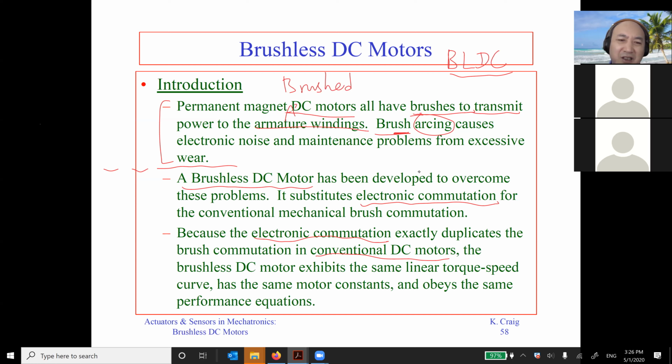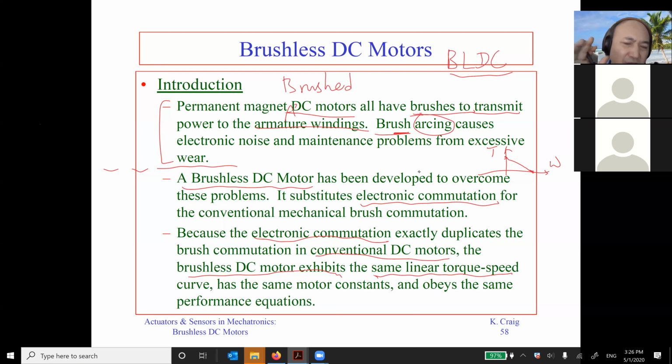So therefore, the BLDC motor system exhibits the same linear torque-speed curve like we have seen here, like this curve. So this is the speed, this is the torque, okay?